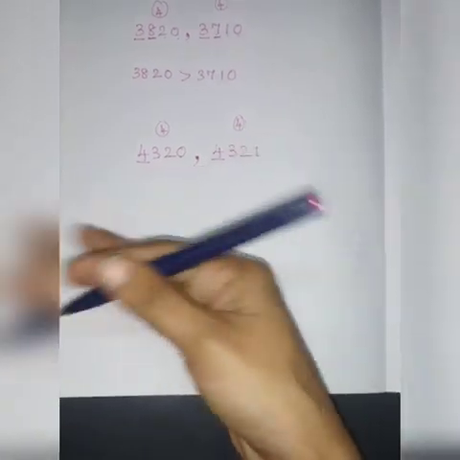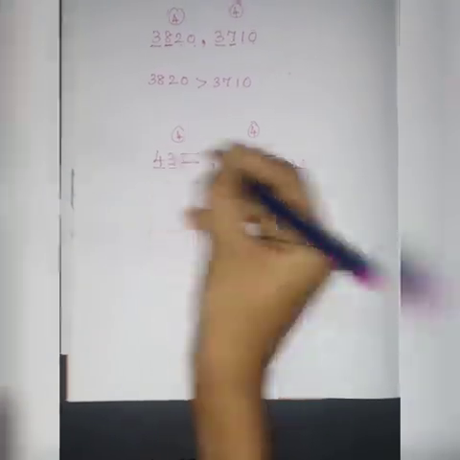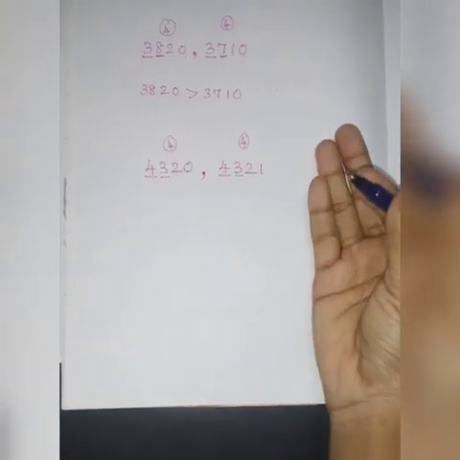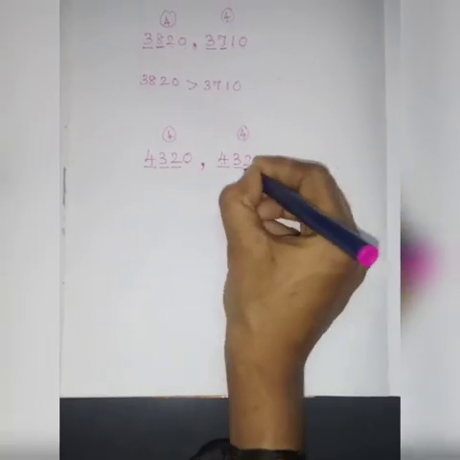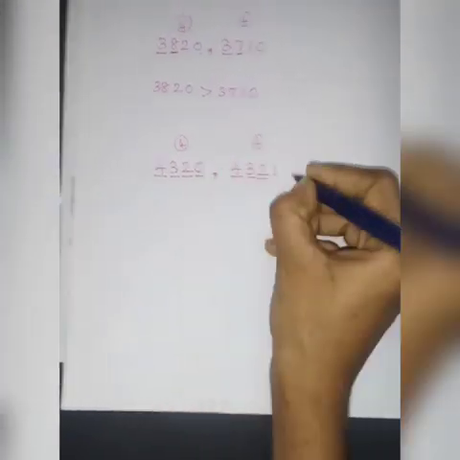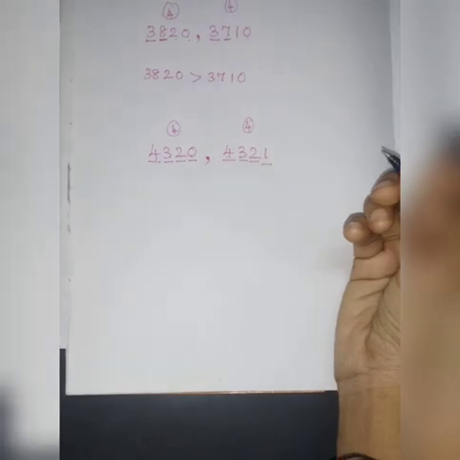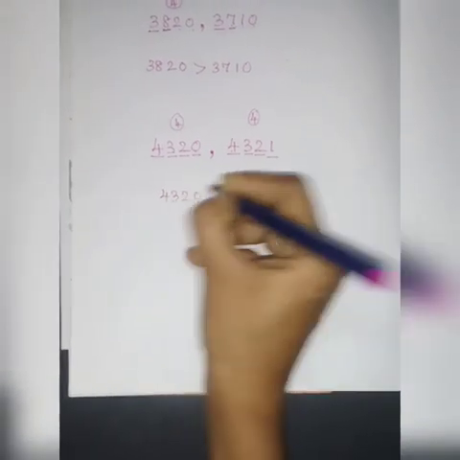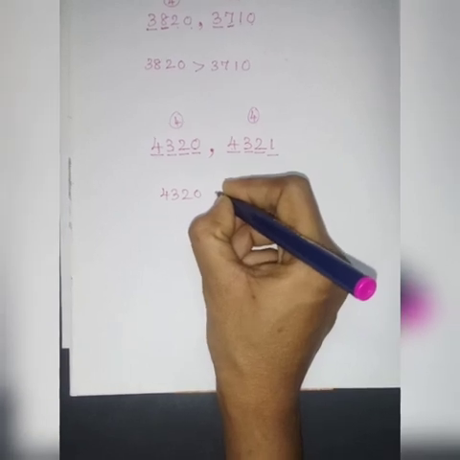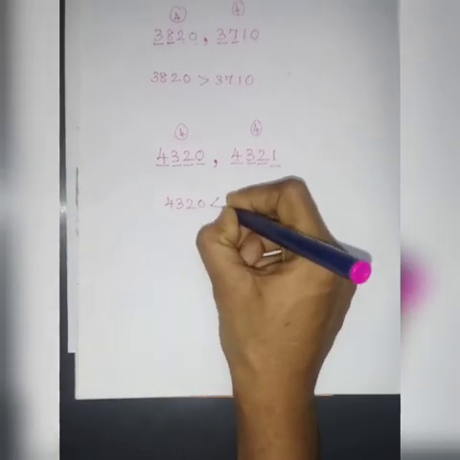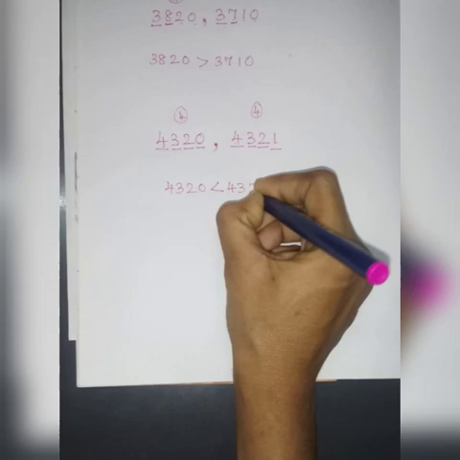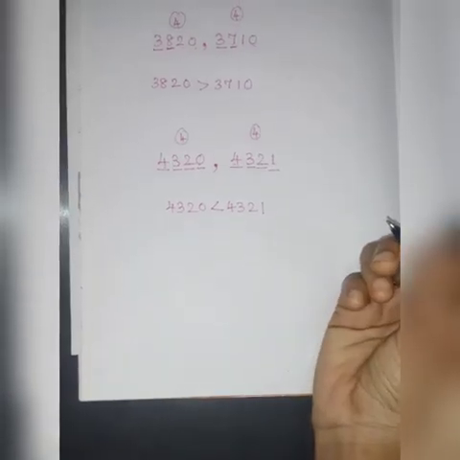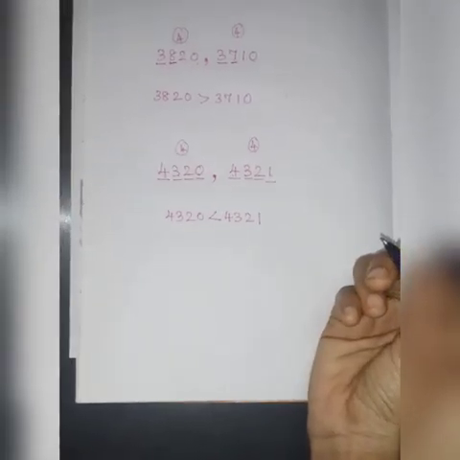We can't do anything, so go to the next digit. 3, 3. That is also the same. Again go to the next digit. 2, 2. That is also the same. Next go to the next digit. 0, 1. So is 0 greater or 1 greater? 1. So obviously 4,320 is less than 4,321. Understood, children? This is your rule number 3.